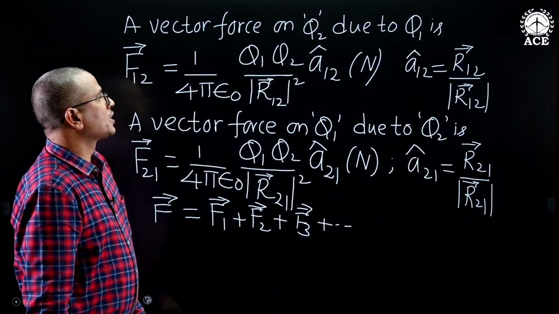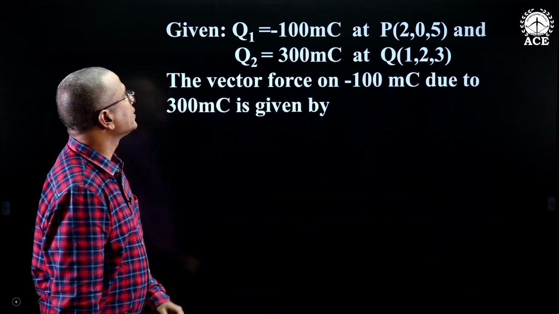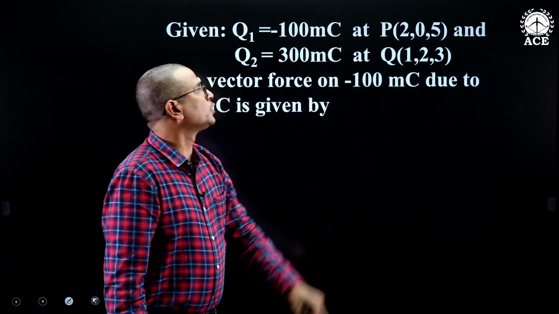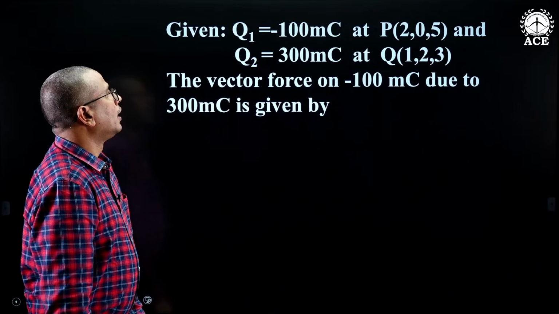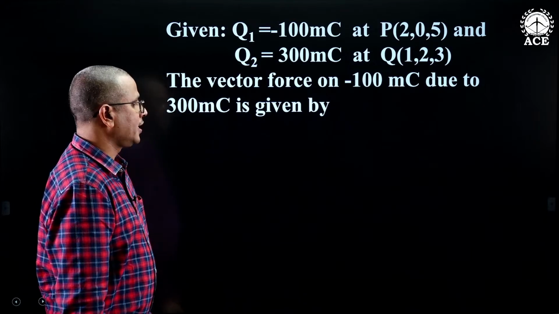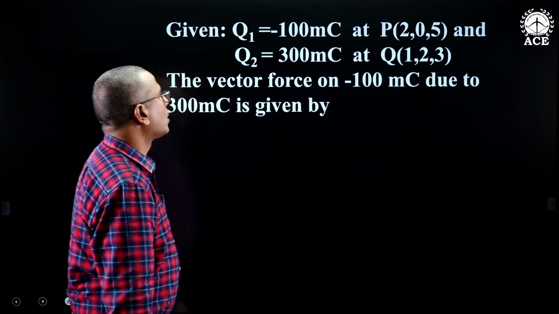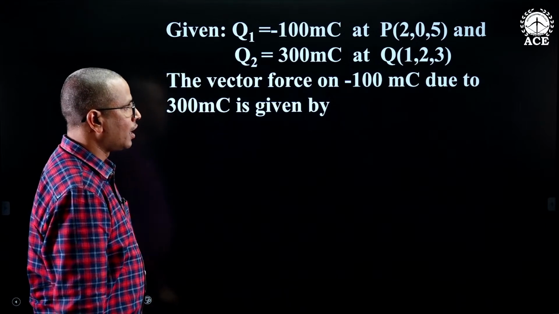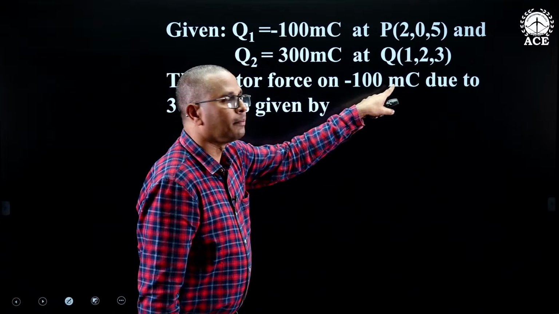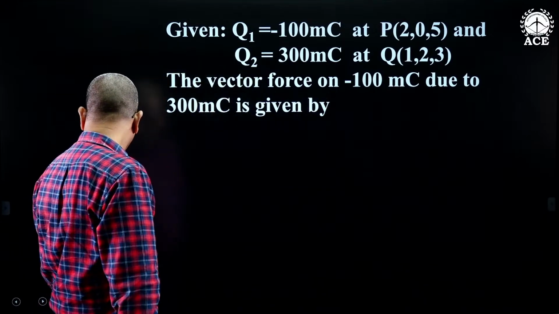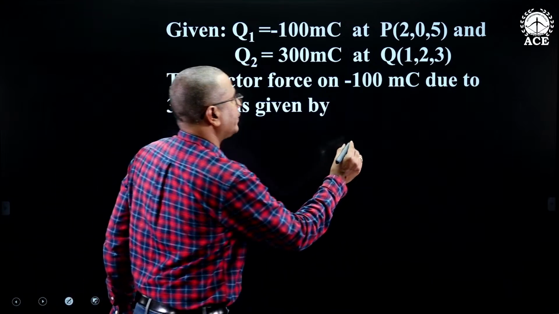Q1 is minus 100 millicoulomb at (2, 0, 5), and charge Q2 is 300 millicoulomb at (1, 2, 3). The vector force on minus 100 millicoulomb due to 300 millicoulomb. I'm just showing here whatever the objects we have.